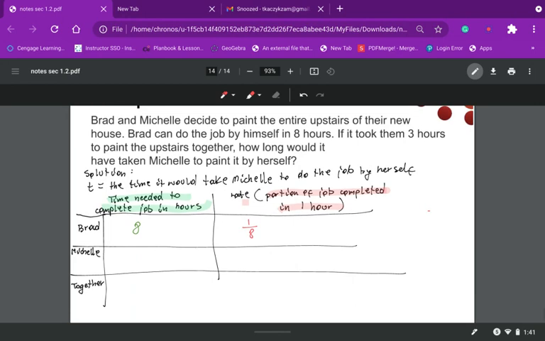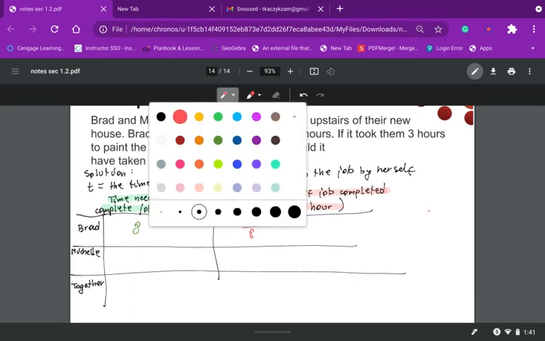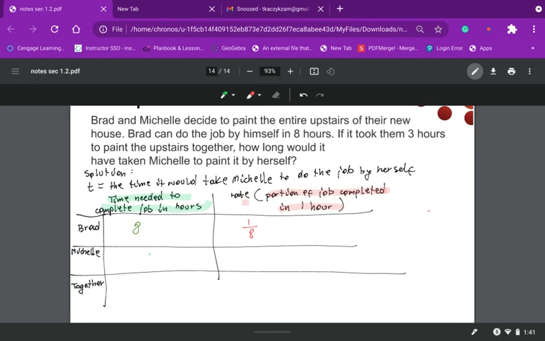Now, Michelle, we don't know how long it will take Michelle to complete the job by herself in hours. I'm putting T. But if I want to express the portion of the job which she can complete in 1 hour, I will have to take the reciprocal of that T. So I will divide 1 hour by T.